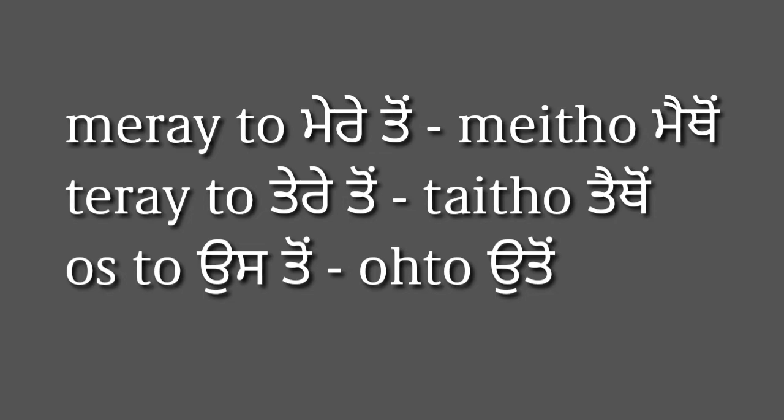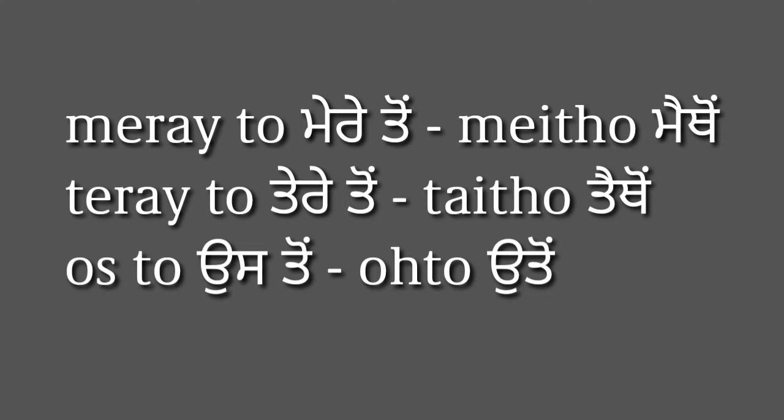We all the time say maithon, tethon, alright? These words are used in Punjabi very frequently. So take a note. Mere to means maithon, tere to means tethon, us to means oton. Alright. Don't get me wrong. Sometimes we still use mere ton, tere ton, right?